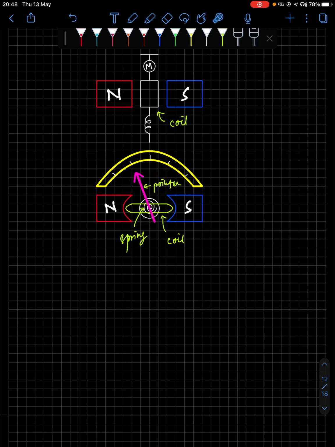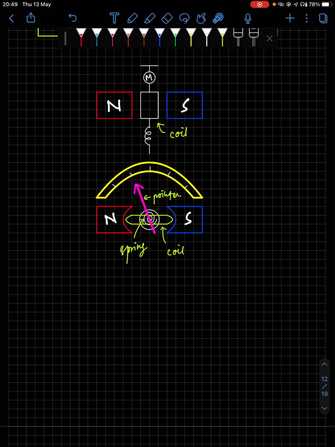It will show some deflection, and this deflection is also determined by this mirror, because a light is made to fall on this mirror. When the reflection of the light is disturbed, you understand that the coil has detected a current.